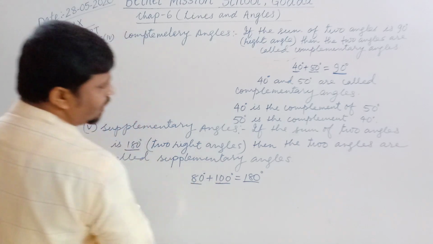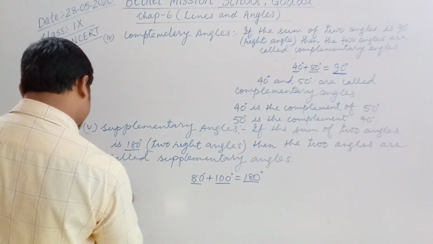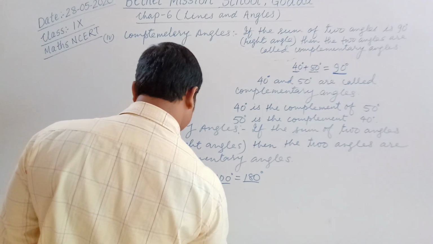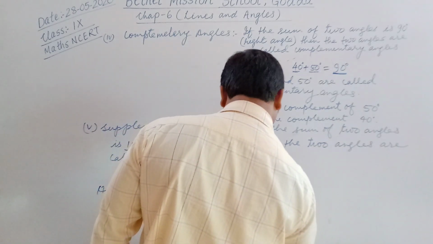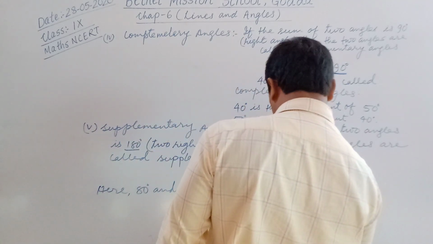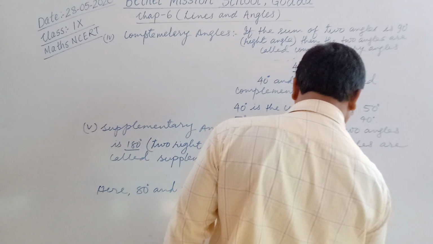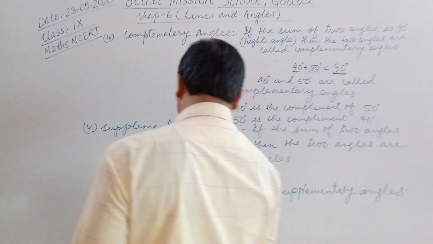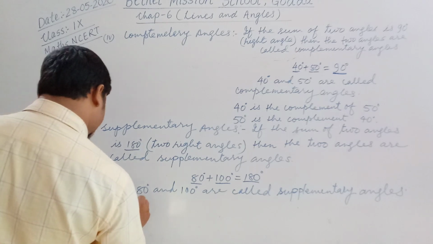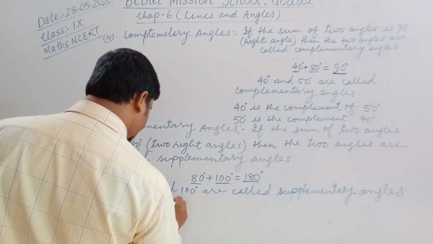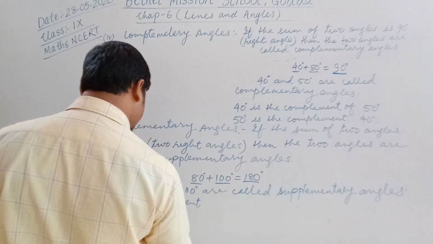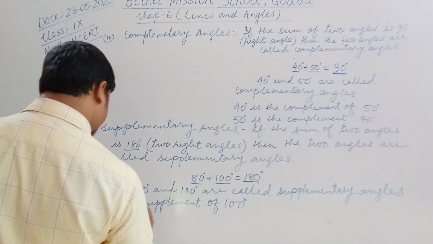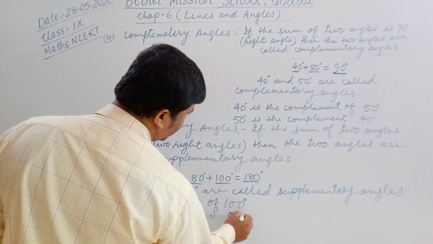That's why 80 degree and 100 degree are called supplementary angles, and 80 degree is the supplement of 100 degree and 100 degree is the supplement of 80 degree. Okay.